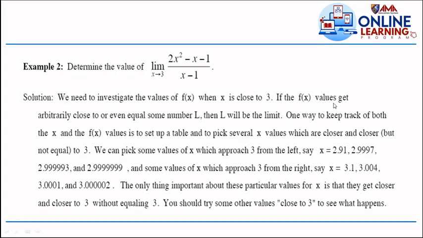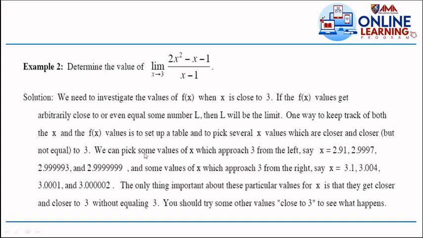If the function of x values get arbitrarily close to or even equal to some number L, then L will be the limit. One way to keep track of both x and the function of x values is to set up a table and to pick several x values which are closer and closer but not equal to 3.